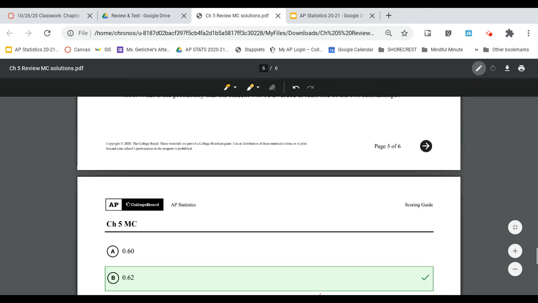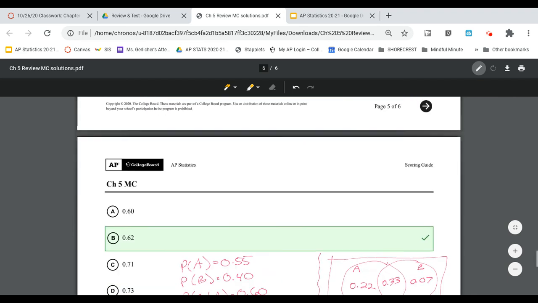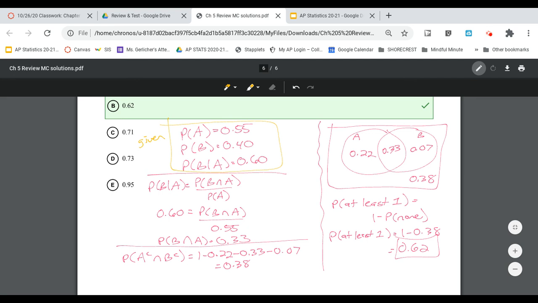So let's see. They told us the probability of A, told us the probability of B, and they told us the probability of B given A. So these were given. Now, my goal here was to do a Venn diagram and figure out what all our parts are.